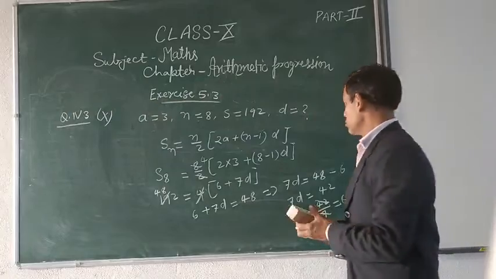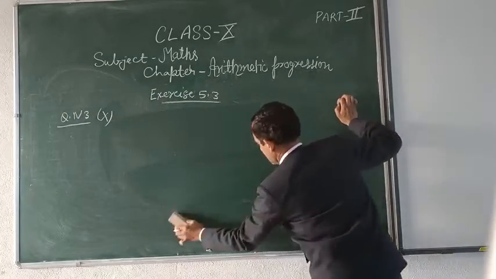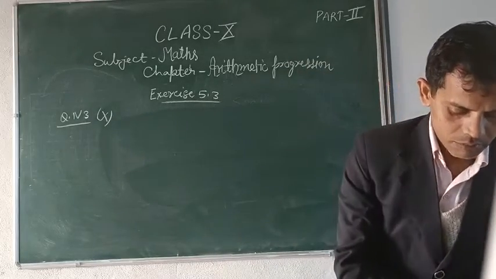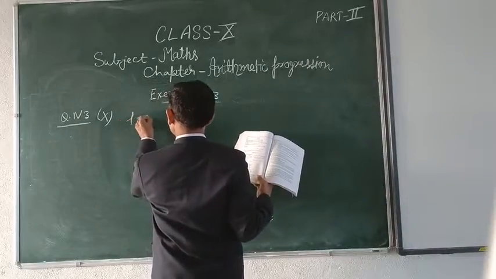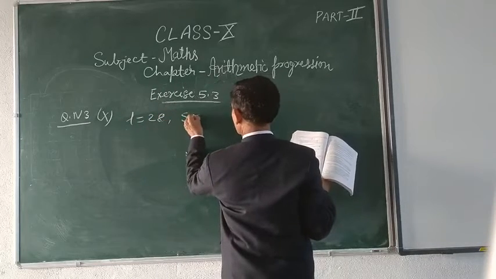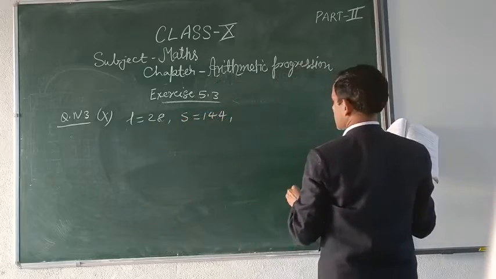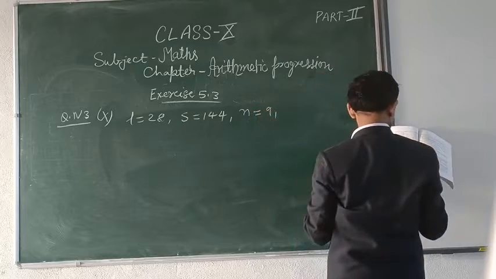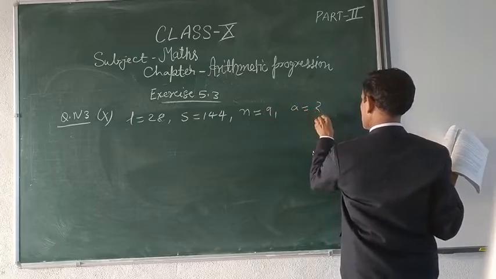Given l equal to 28, S equal to 124, and there are total 9 terms, it means n equal to 9. We need to find a.